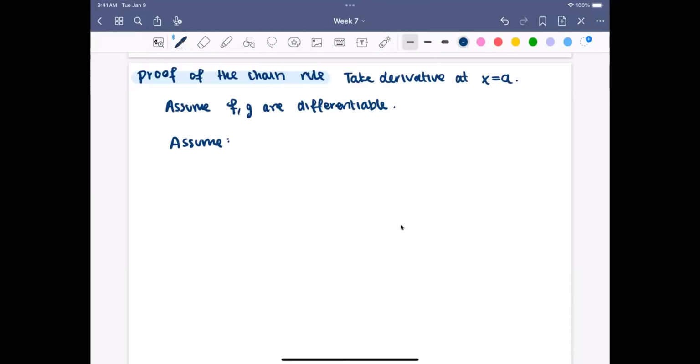I'm going to make an assumption on the function g: that g of x is not equal to g of a when x and a are close together.